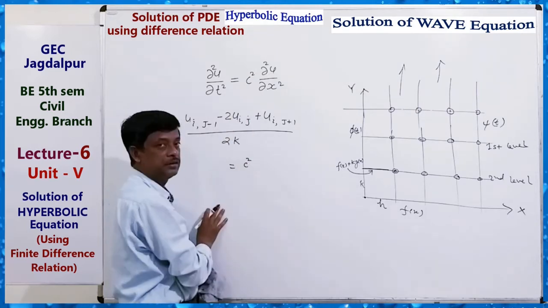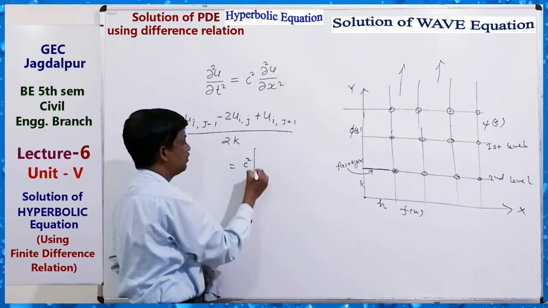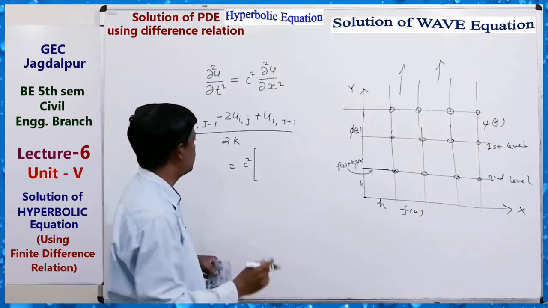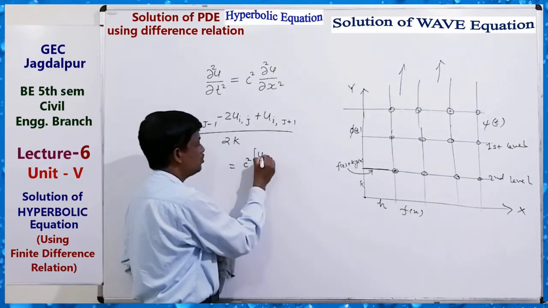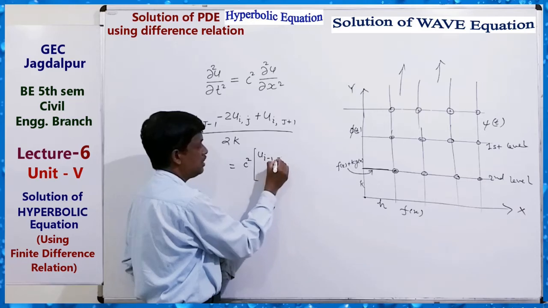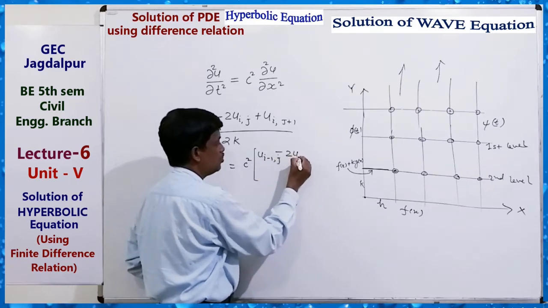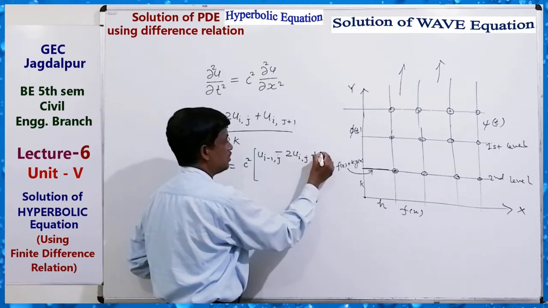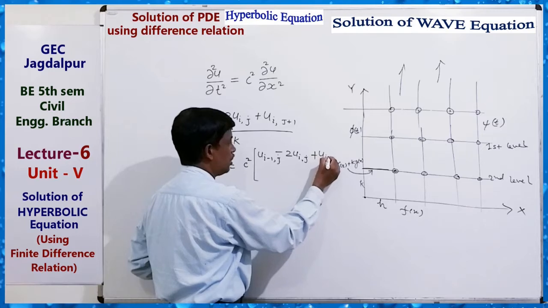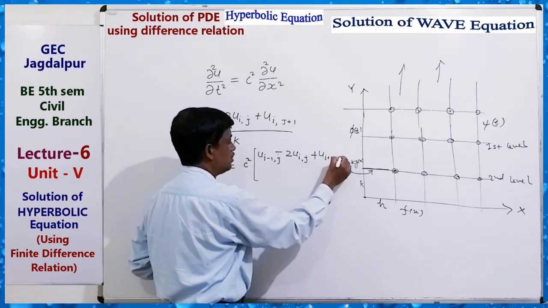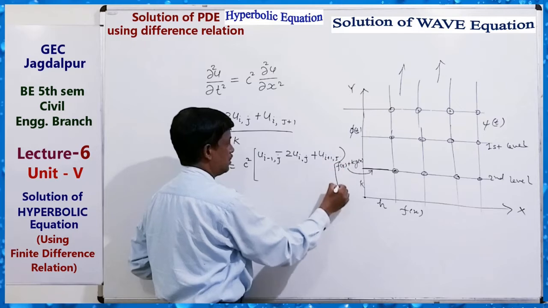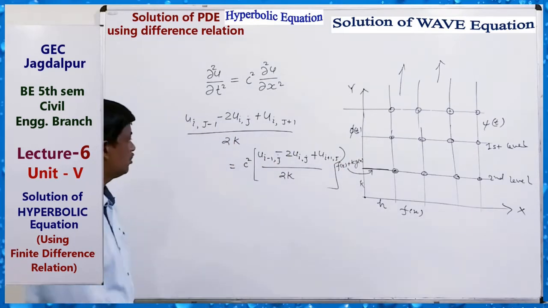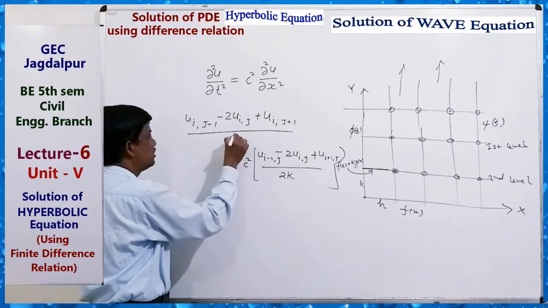Similar to this, on the right hand side it is c square. Here the formula will be in x, that is the i direction changes: u(i minus 1, j) minus 2 u(i, j) plus u(i plus 1, j) upon, sorry, not 2k, k square here and h square here.